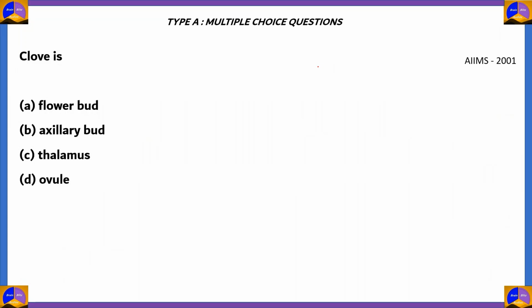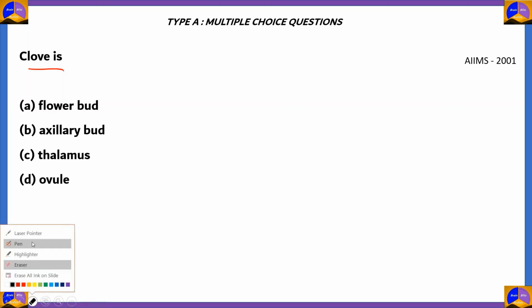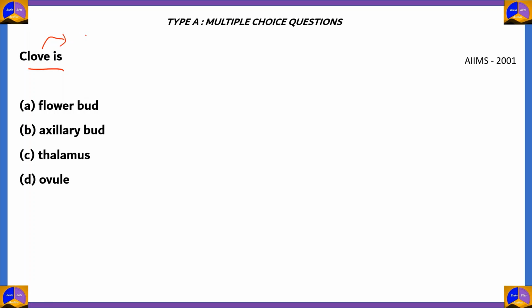The next question. Clove is A, flower bud, B, axillary bud, C, thalamus, and D, ovule. Let me rub that out. So we need to find out what part of the flower a clove is. So the structure of clove resembles which part of the flower.